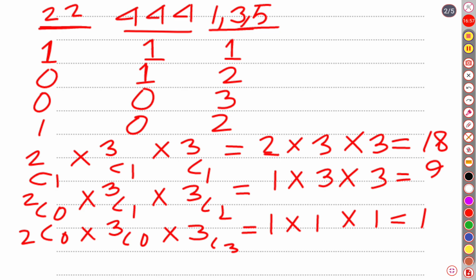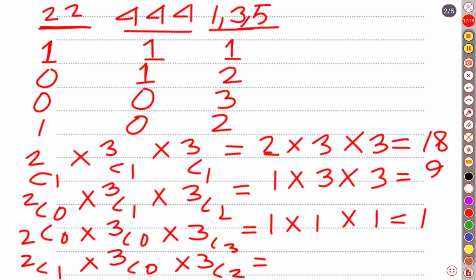Then the fourth and the last possible case is from 2 we are choosing 1, and second group from 3 we are choosing nothing, and from third group among 3 we are choosing 2.